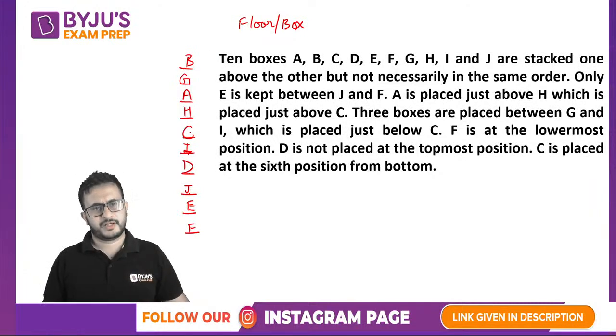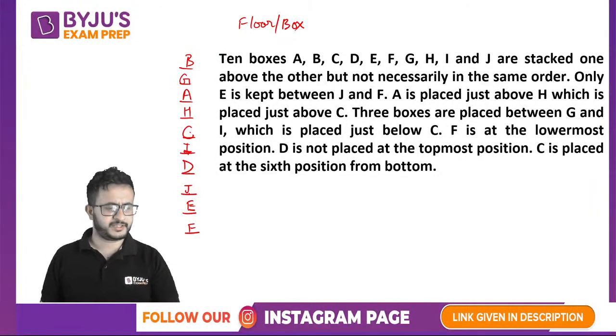So that is the arrangement. I hope you must have got the same arrangement. How many of you got the same arrangement? B, G, A, H, C, I, D, J, E, F. Did you get the same arrangement? Okay.